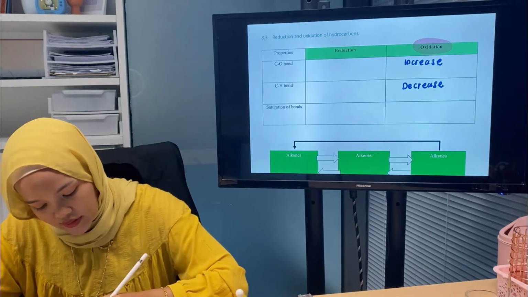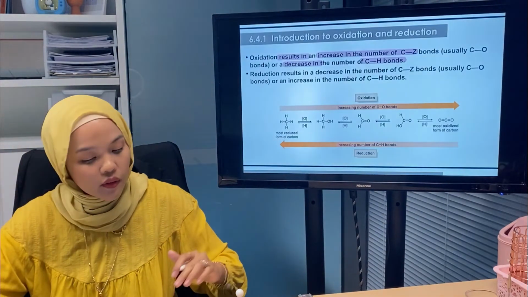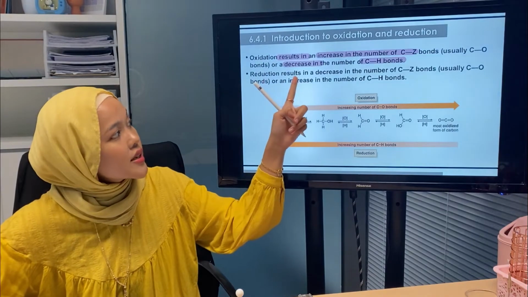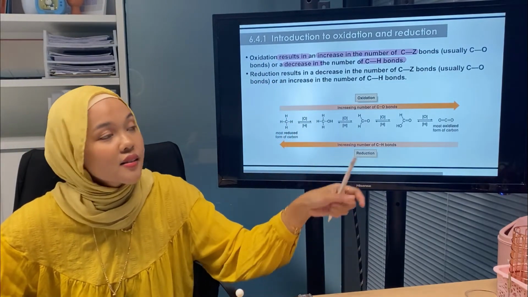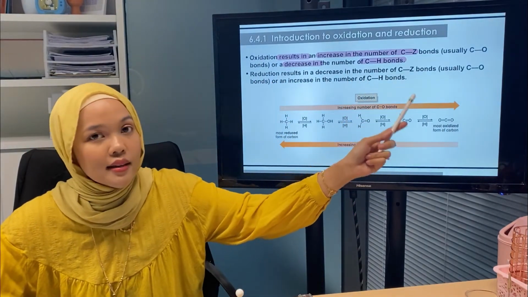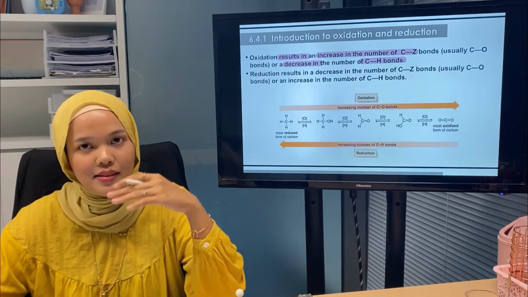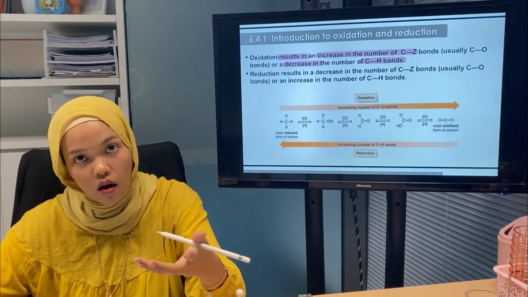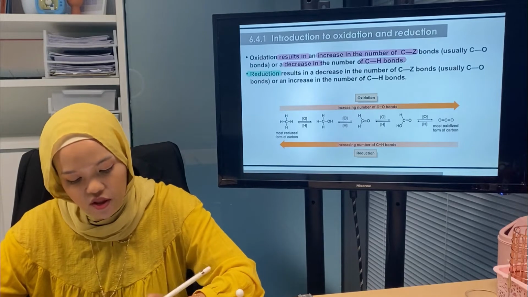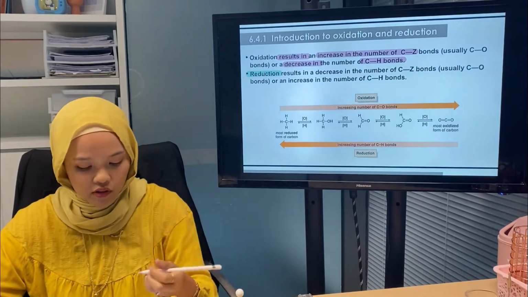Next, reduction results in a decrease in the number of C-Z bonds. It is just vice versa to oxidation, because reduction is the reverse process of oxidation.